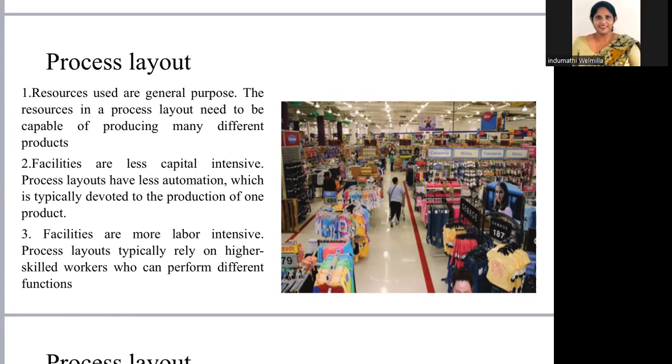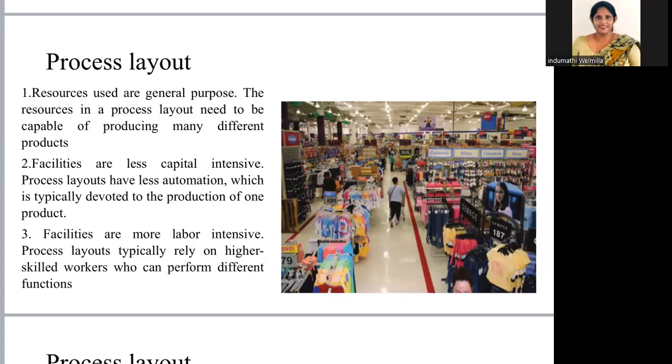Another thing is this type of layout is seen in companies also, which use the intermittent processing system. You would see a process layout in an environment in which a large variety of items are produced in low volume.